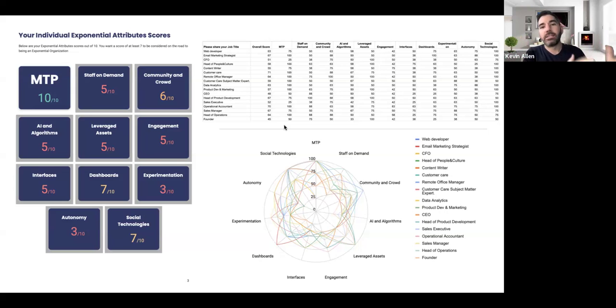Ultimately, the next step after running this EXQ is generally a debrief. That debrief may just be, depending on the organization, with a team that is going to be running the exponential transformation of the business, and that team will then go over that debrief.